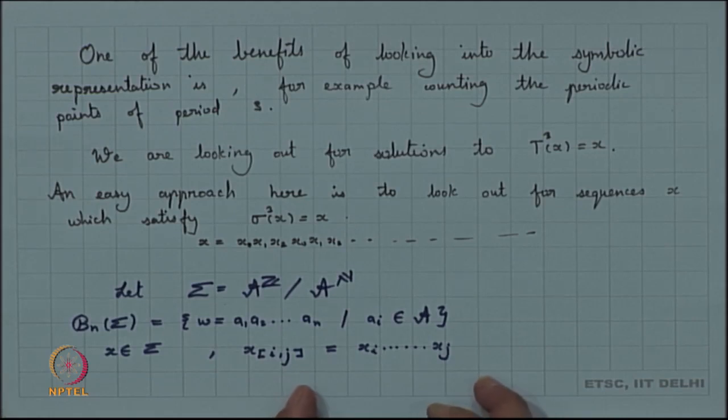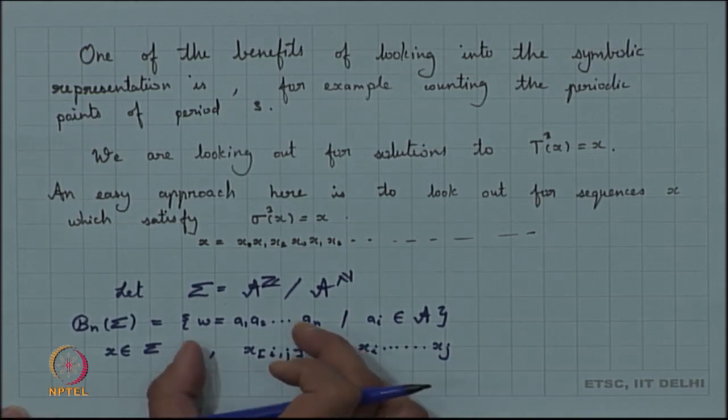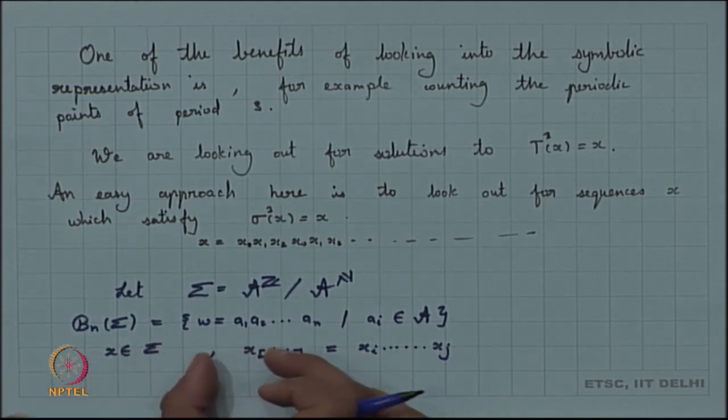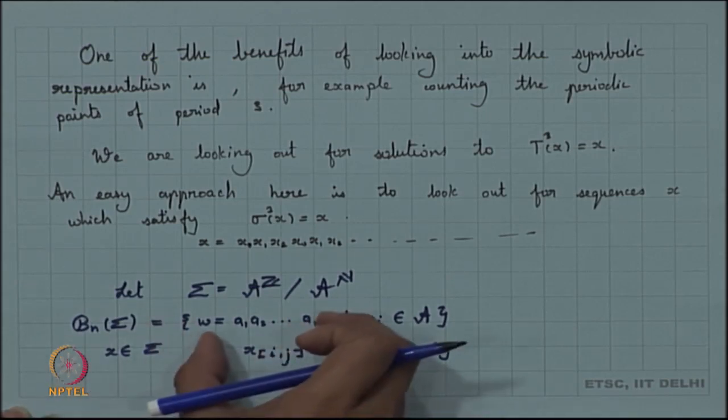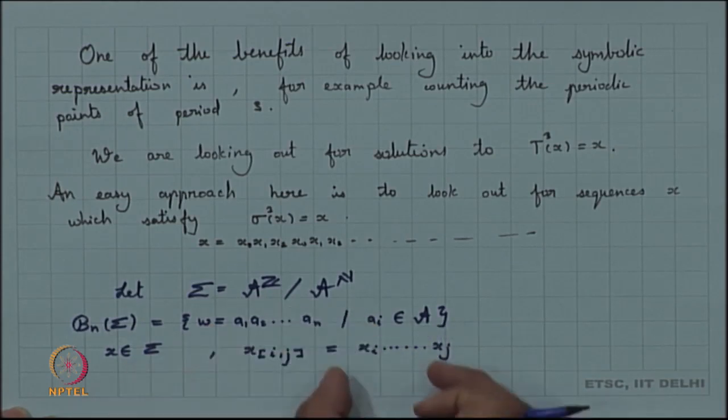And now, what is B_n sigma? It is not just the words, of course; here it will be the words of n symbols. B_n sigma happens to be the set of all words which form a block in any sequence or bi-sequence in your sigma.